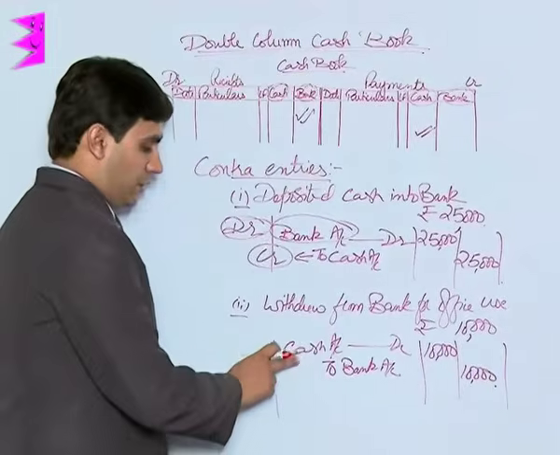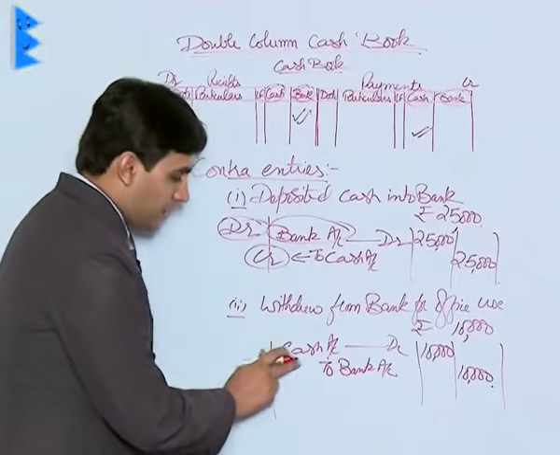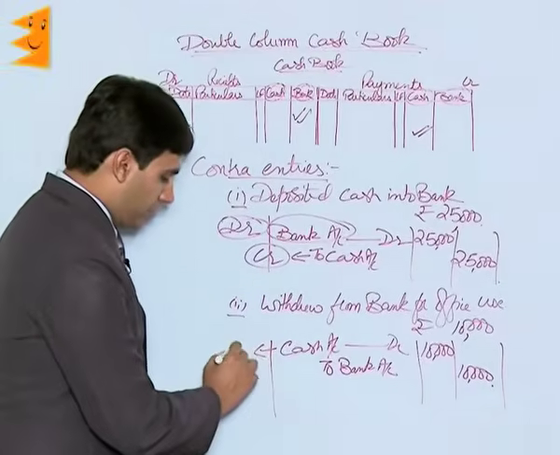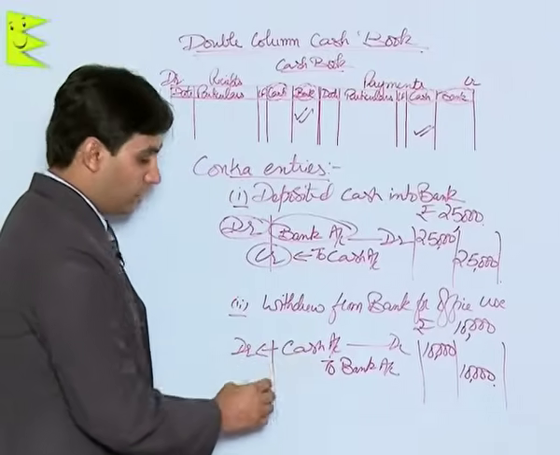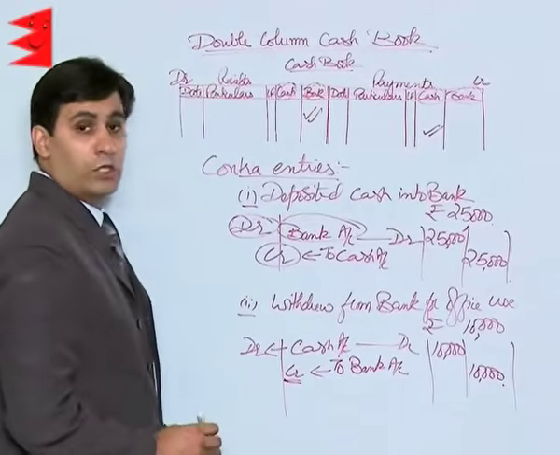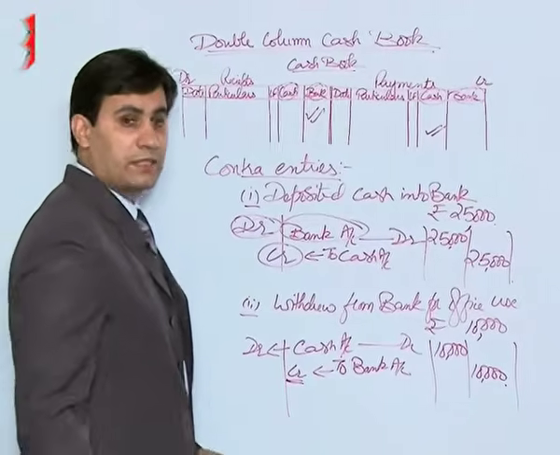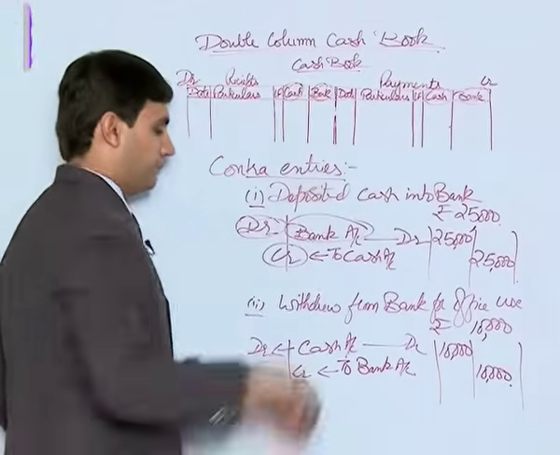Now students, whenever we post this into our cash book, since cash has been debited, it will be recorded on the debit side, that is the receipt side, whereas it will be recorded on the credit side in the bank column. Now students, let us try and understand these two transactions by posting them here.